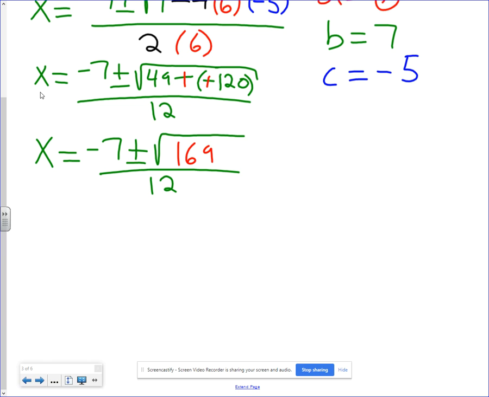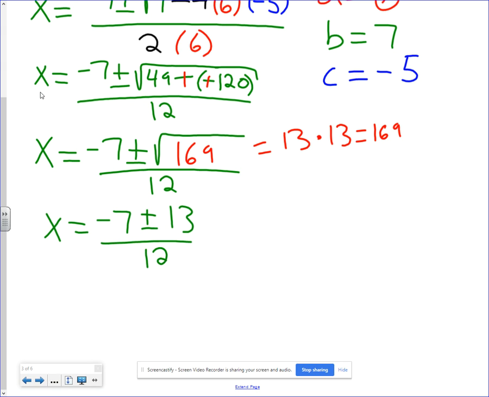So, can we simplify under the radical expression? In this instance we can, because we know that 13 times 13 is 169. So it's really 13 squared under the square root, which is the same thing as just 13. So we've got x equals -7 plus or minus 13 over 12.